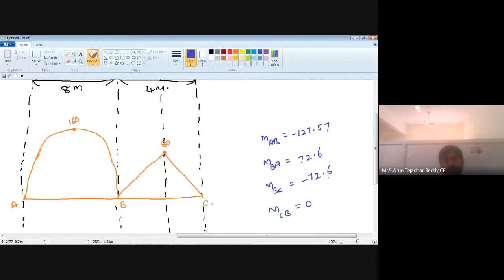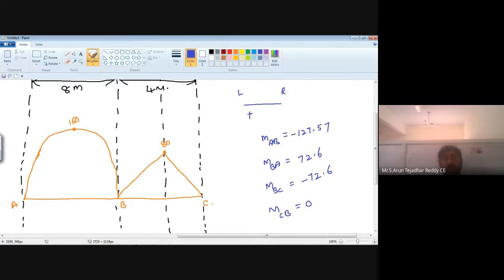Then what is the sign convention here in the slope deflection method? So this is your beam. Left, right. Suppose in the left side, if you get a positive value, then the bending moment diagram is below the beam.